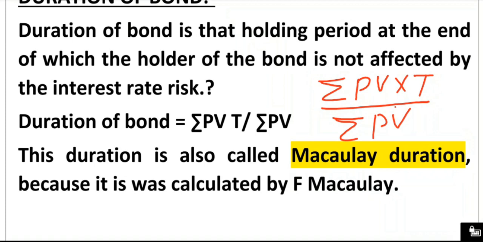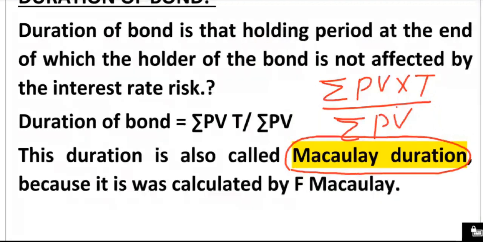For that amount we have to calculate the present value. We'll see this by taking one example. Before that, I want to tell you this duration of the bond is also called the Macaulay duration. Sometimes they write only Macaulay duration, and the meaning is only the duration here.